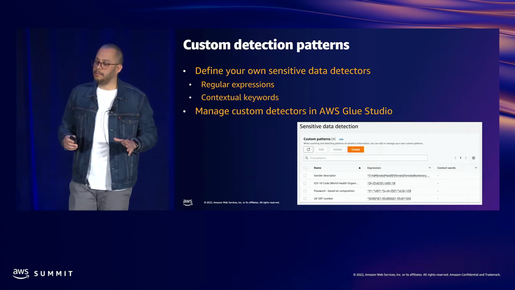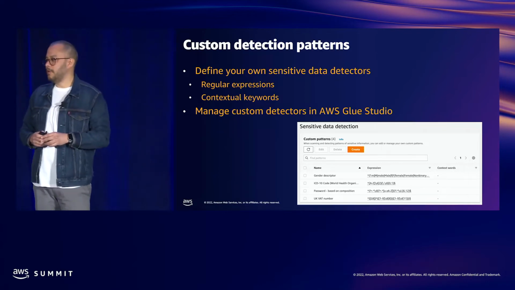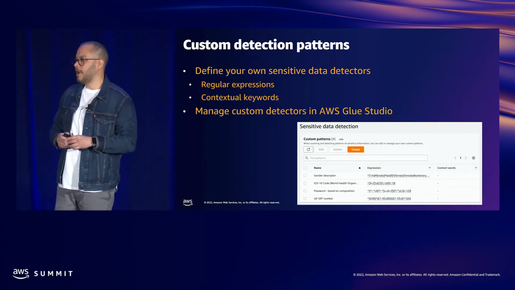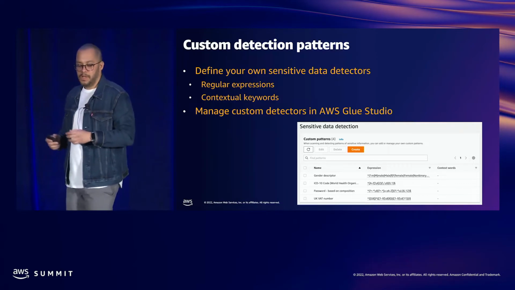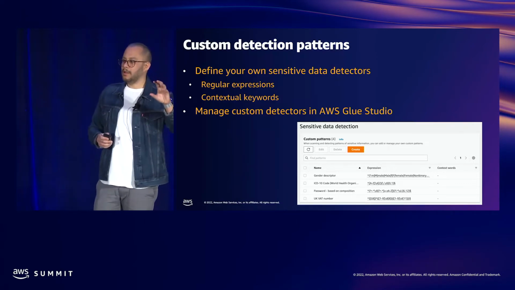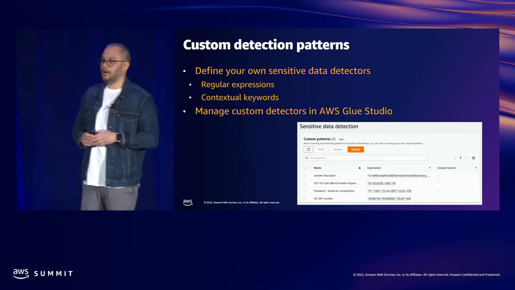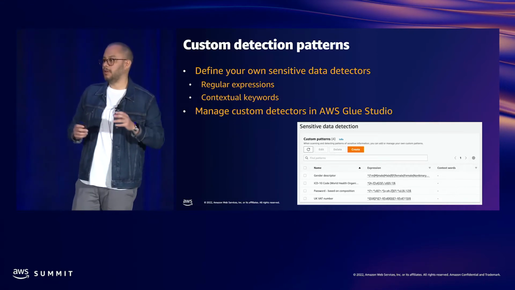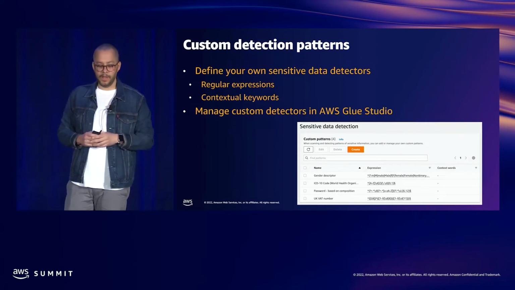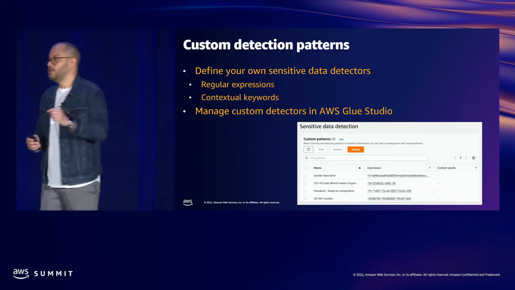To give you an example, imagine that you want to identify a driver license number. You are going to add the regular expression to validate the format, but also you can add context keywords that are going to help Glue identify your pattern.